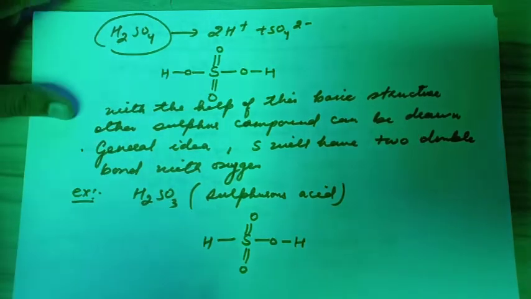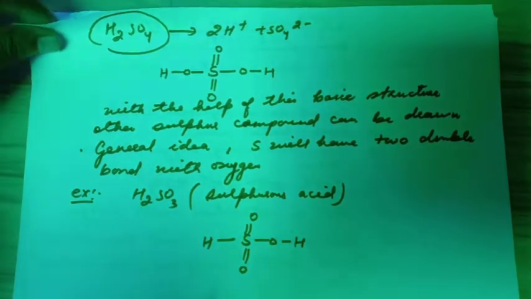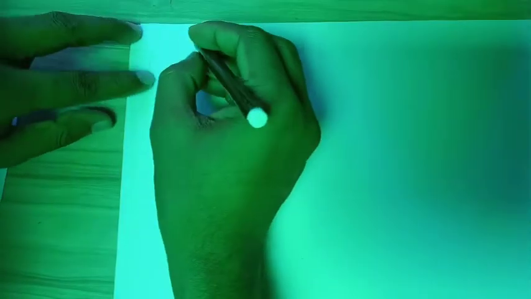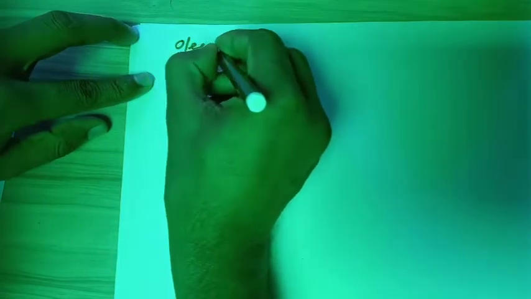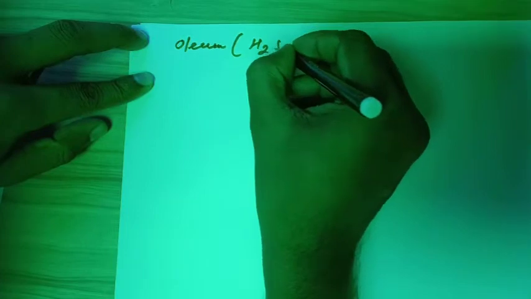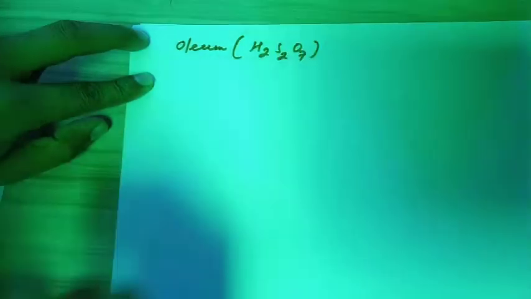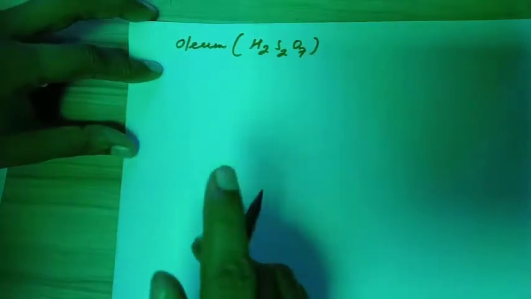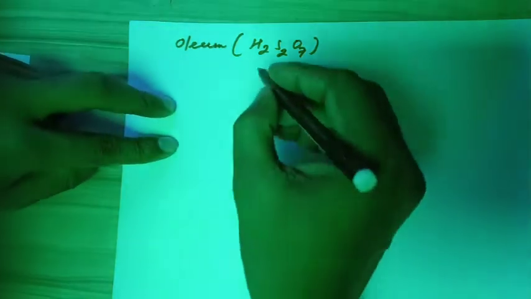Now other structures can be drawn. Suppose we have to draw oleum, and it is H2S2O7. Now for this we have to take two sulfuric acid compounds.